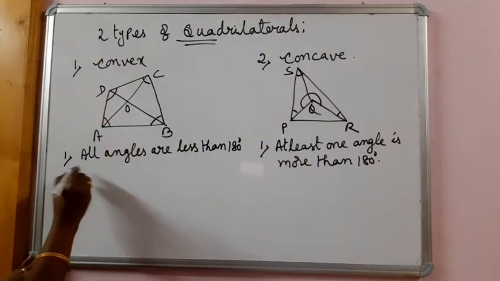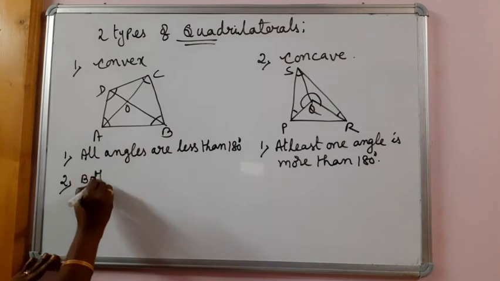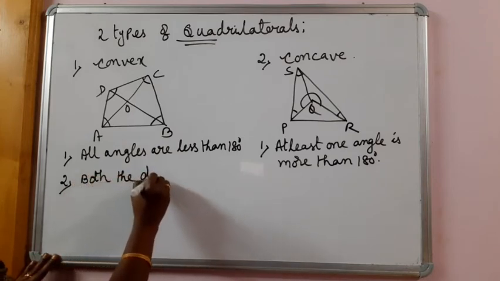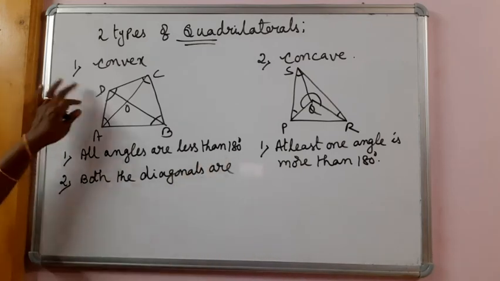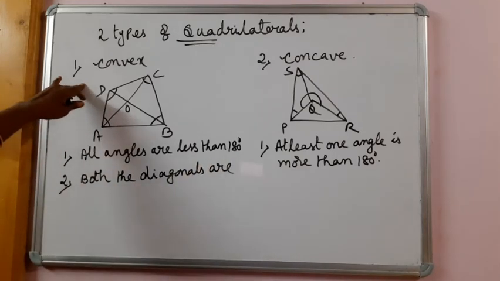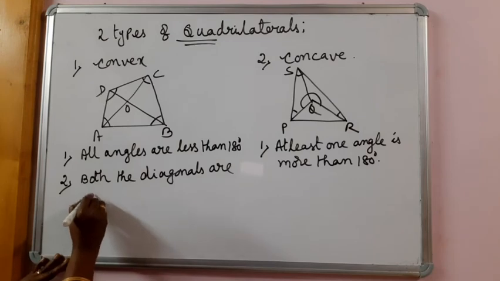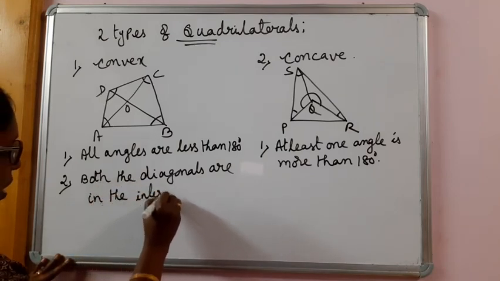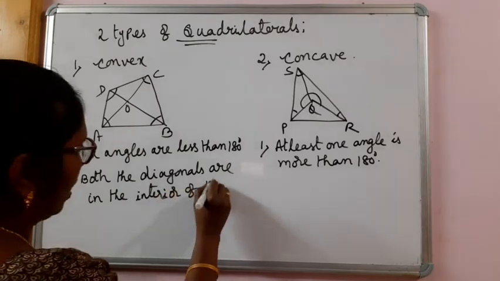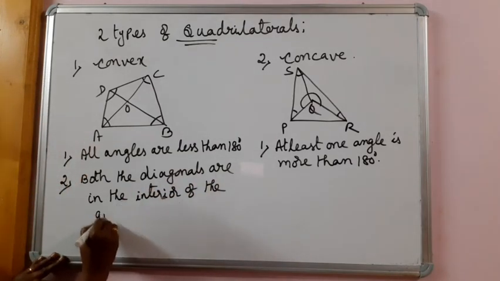So your second point is, in a convex quadrilateral, both the diagonals are in the interior of the quadrilateral.